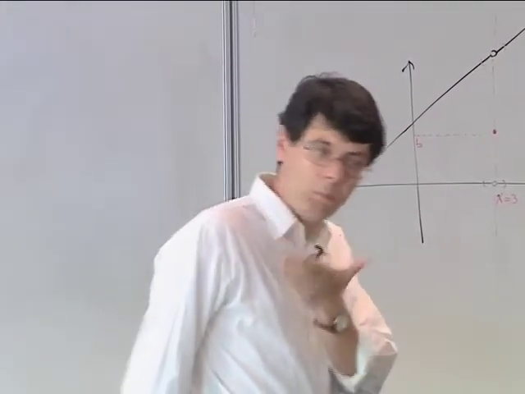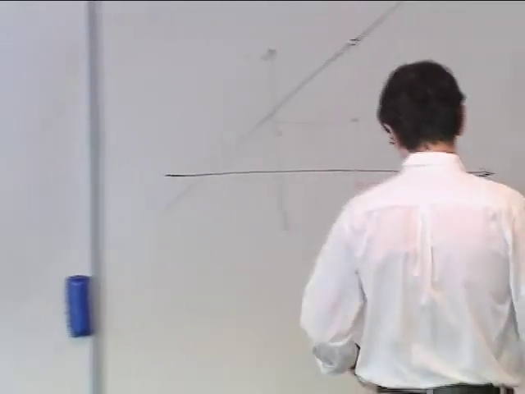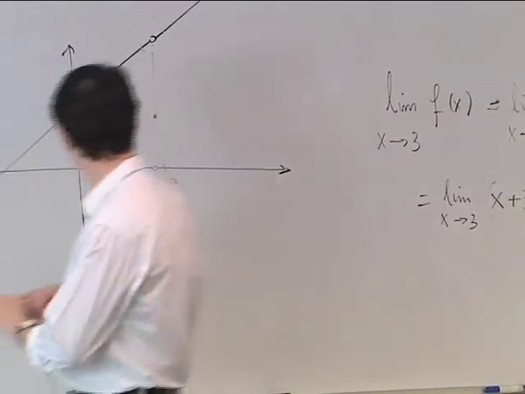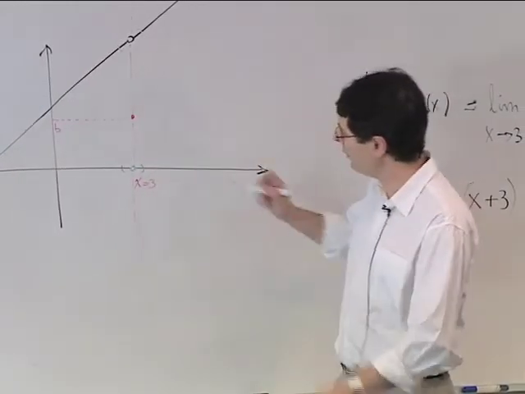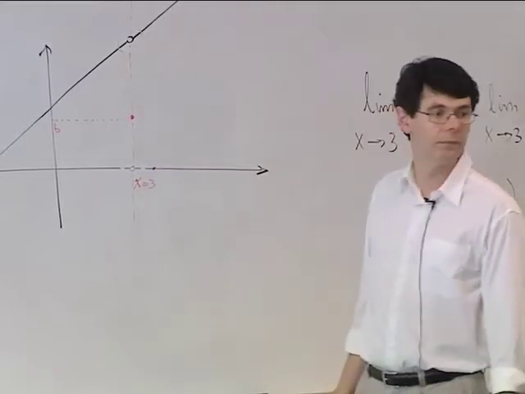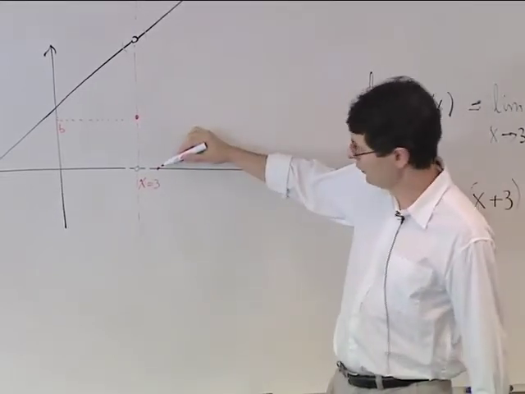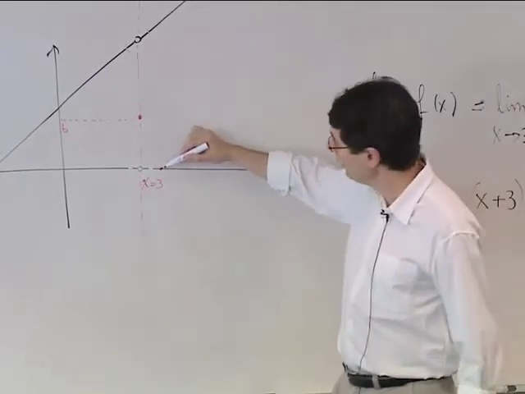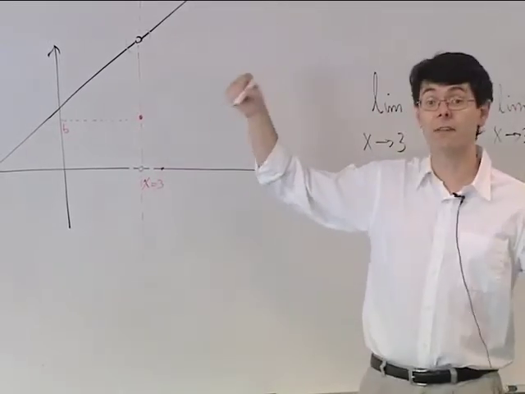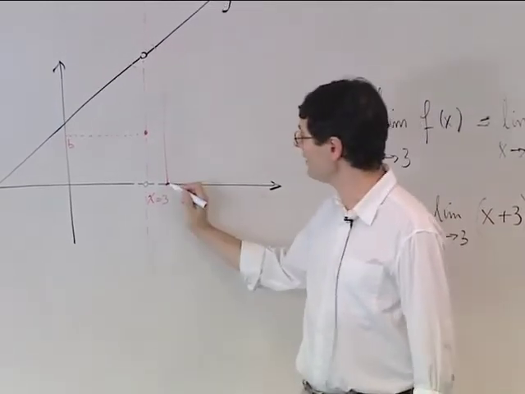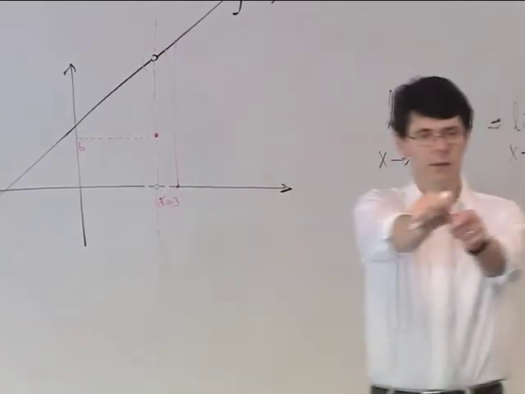Okay? Visually, what happens? I am not allowed to use x equals 3, but I am allowed to use anybody who is near it. If you're near it, this guy is not very near, but I'm magnifying so you can see. If you're near it, what's the value of y? What's the value of f of x? Well, it's up here. And what happens if I slide this guy? Imagine it's a sliding guy.